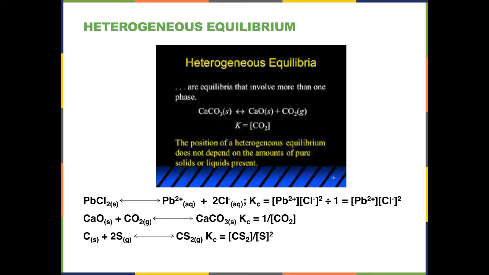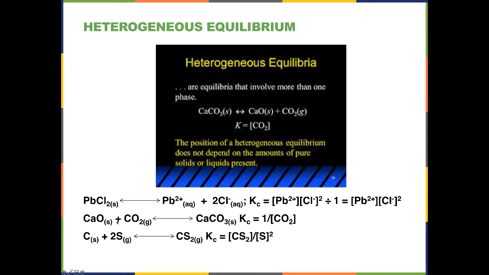Moving on, I said that there was a different way of doing equilibrium constants if you were in a heterogeneous equilibrium, and this shows you the effect. What happens is you cannot express a concentration for a solid or a liquid, and so those are considered 1. So the concentration of calcium carbonate is 1 in this, and the concentration of calcium oxide is 1.